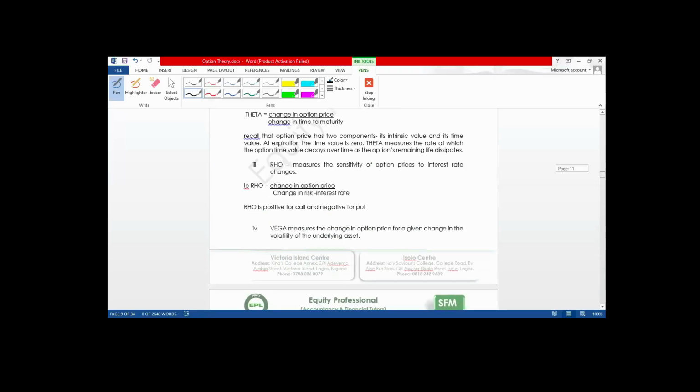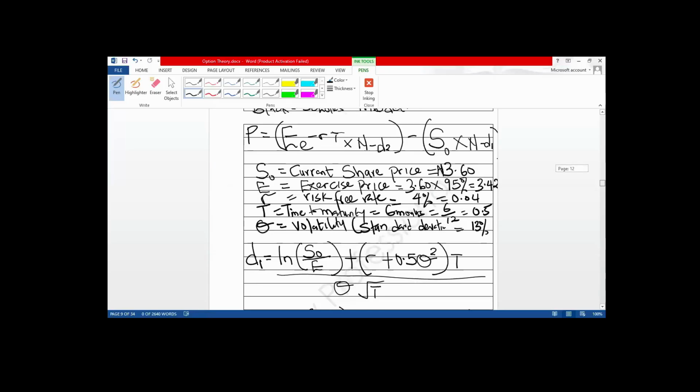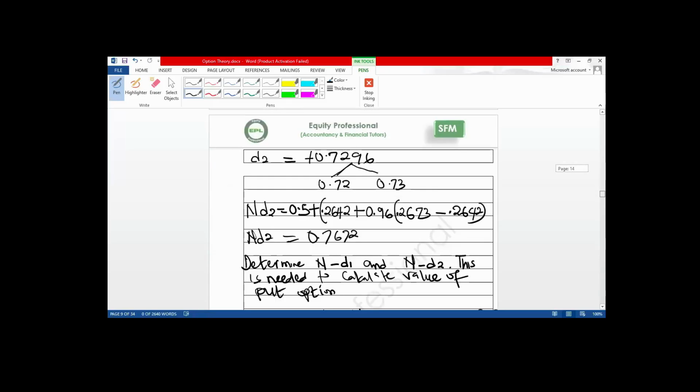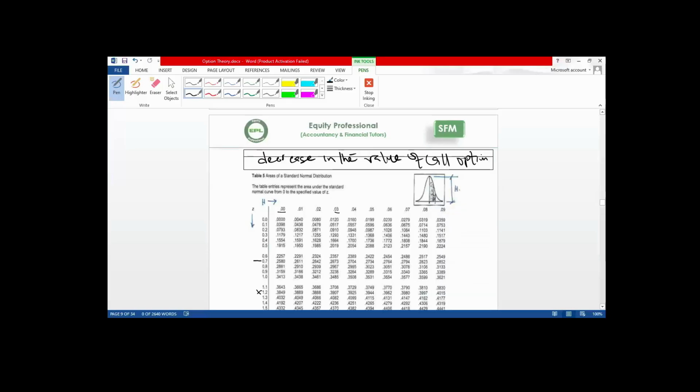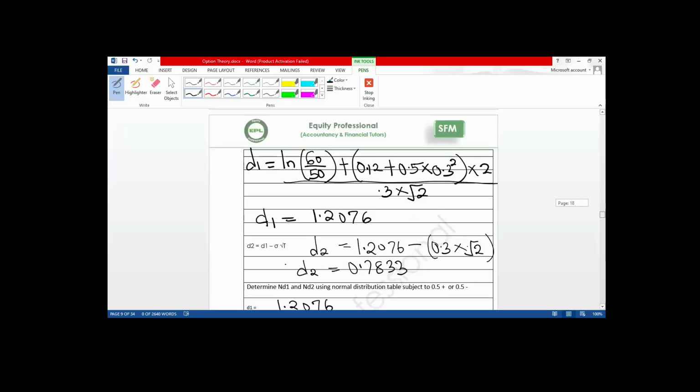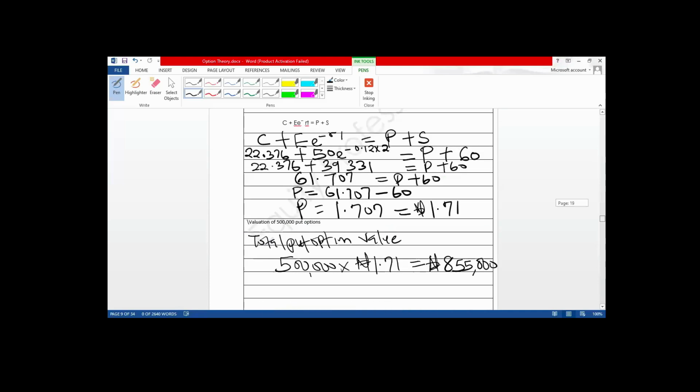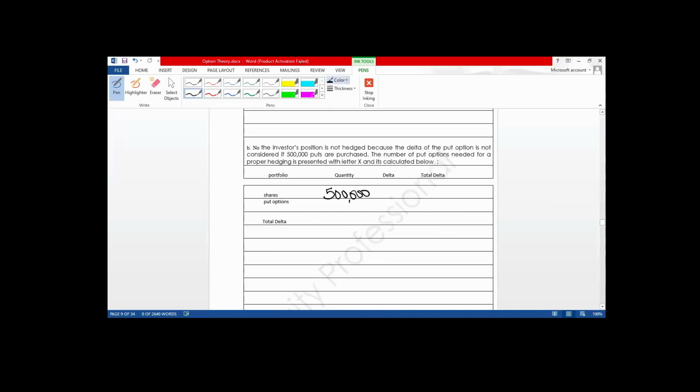Delta of shares is 1. Total, 500,000 multiplied by 1, 500,000.